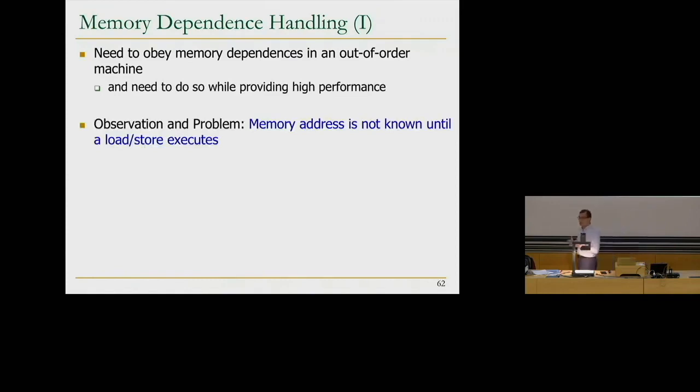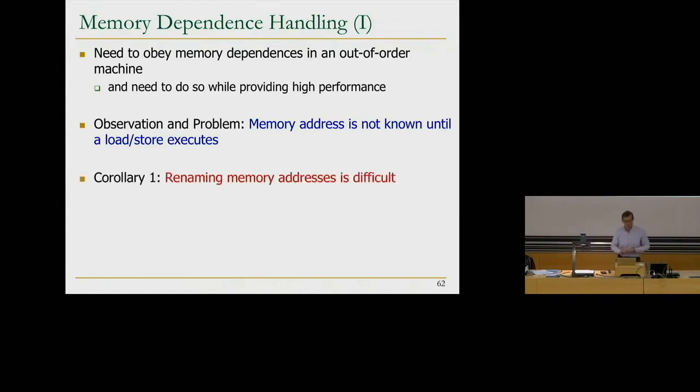The key observation and key problem is that the memory address is not known until a load or a store instruction executes. So the first corollary is that renaming memory addresses is difficult because of this. You cannot do it at the decode stage. If you really want to do renaming, you need to do it over here. But that's too late because things are already out of order over there.